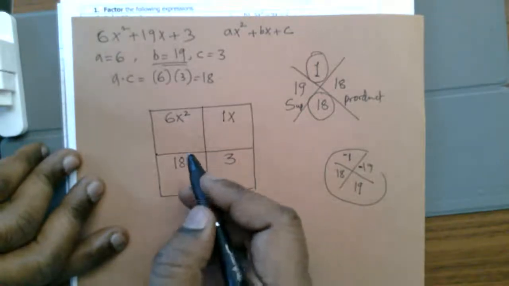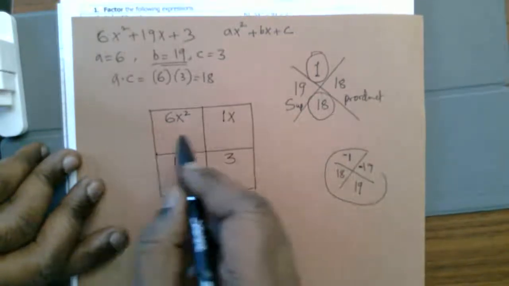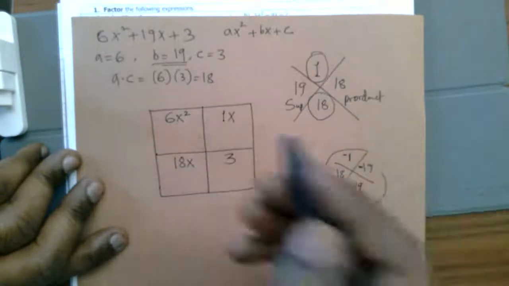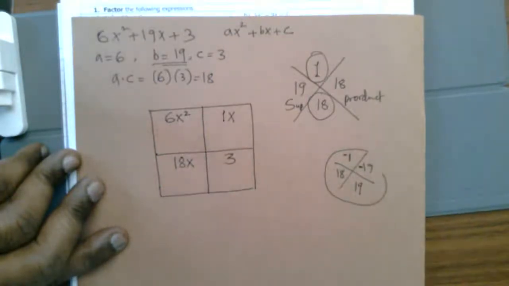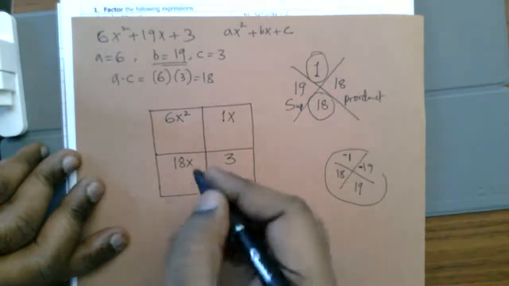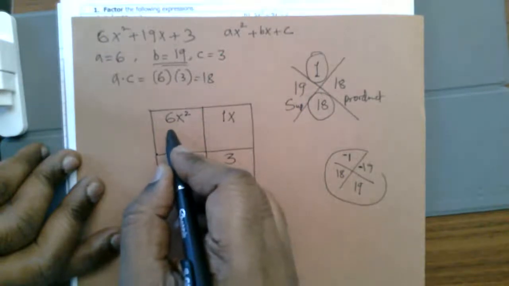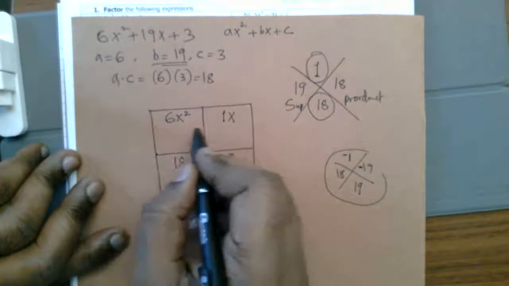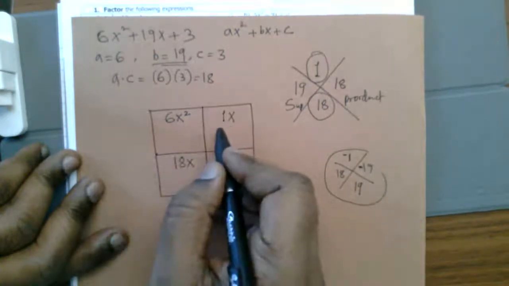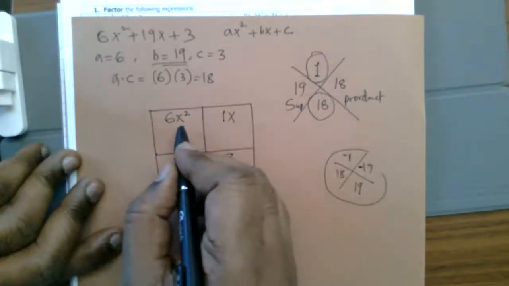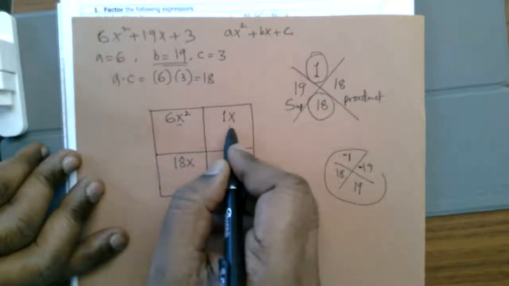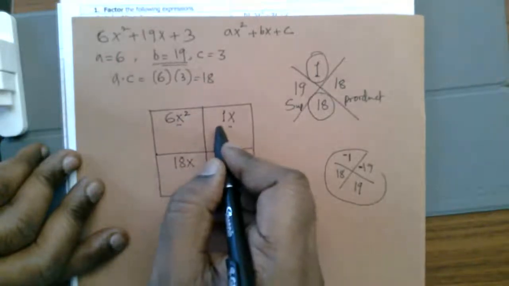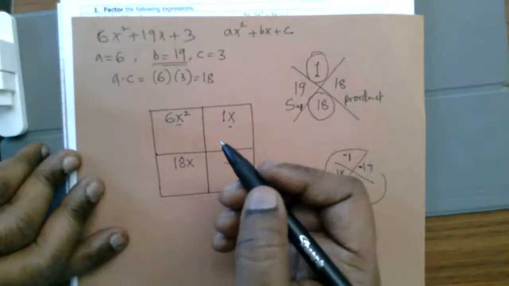Let us move forward. Now, horizontally, you'll see the common factors. What is the greatest common factor between 6x square and 1x? What do you see common between them? I am seeing x and x. That's the only thing I am seeing. 1 is there for every term, every number, right?